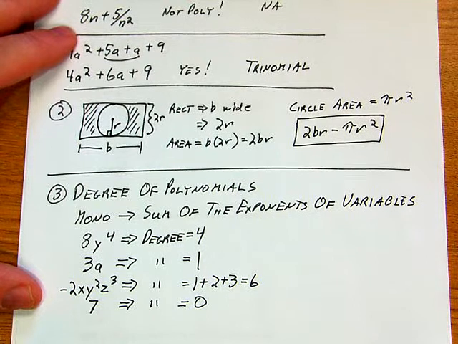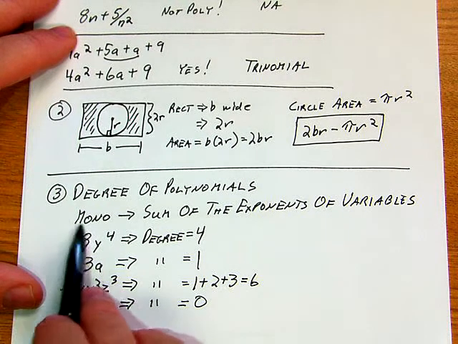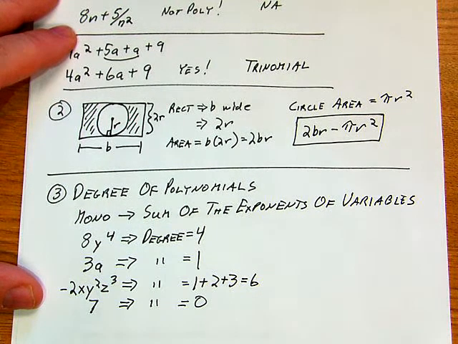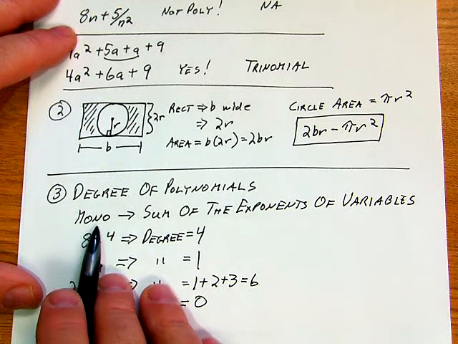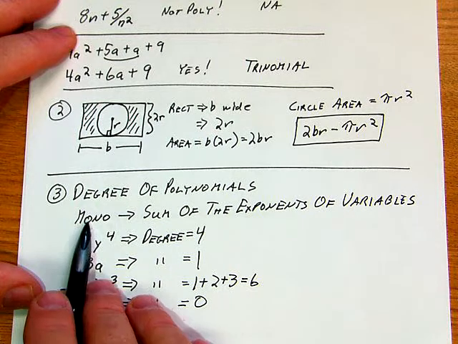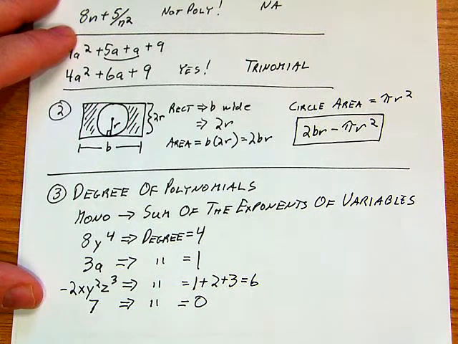All right, now we know the degree of a monomial. Now let's talk about the degree of a polynomial. When I have a polynomial, I'm just adding multiple monomials together. So the degree of the polynomial is the highest degree of any one of the terms inside of the polynomial.